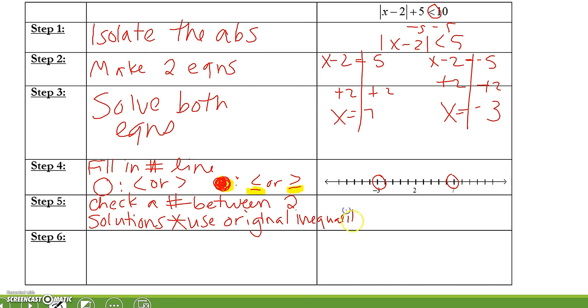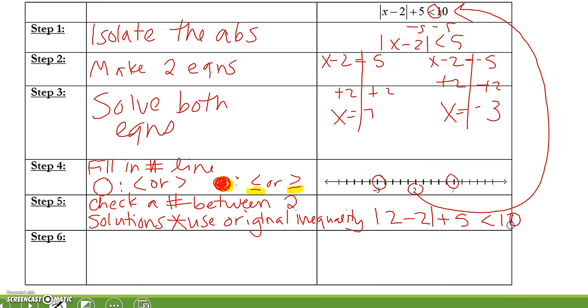So before we would check the 7 and the -3, but now you pick any number in between -3 and 7. Doesn't matter which number, you might choose something different than me. A lot of times I choose 0, but in this case, since I have 2 written out on my number line, I'm going to use 2. So I'm going to go back to my original inequality right here, and I'm going to plug 2 in.